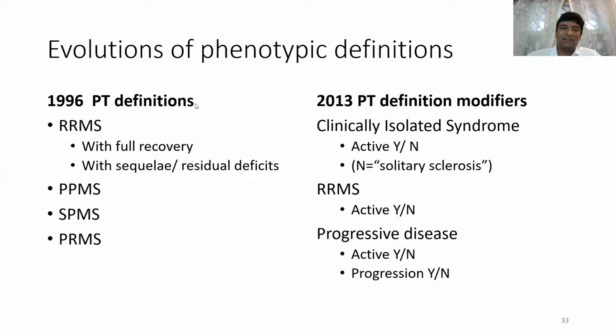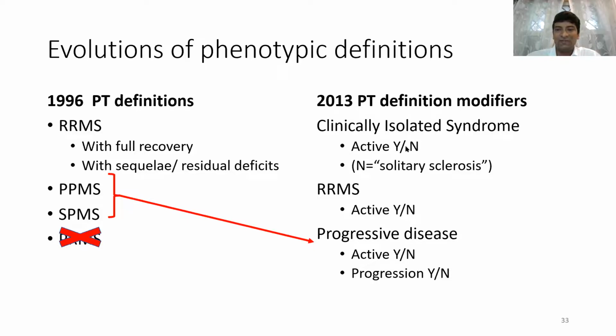So previously in 96, the terminologies for MS were relapsing remitting MS, primary progressive MS, secondary progressive MS, and progressive relapsing MS. But in 2013, this was modified with the introduction of the term I used already called clinically isolated syndrome. And primary progressive and secondary progressive were together classified as progressive disease, while RRMS was retained. And the term progressive relapsing was abandoned.